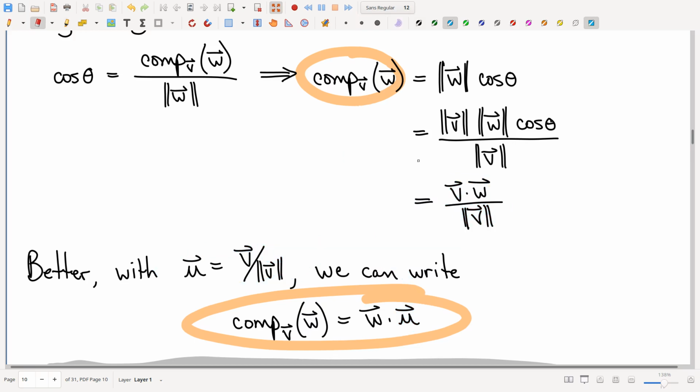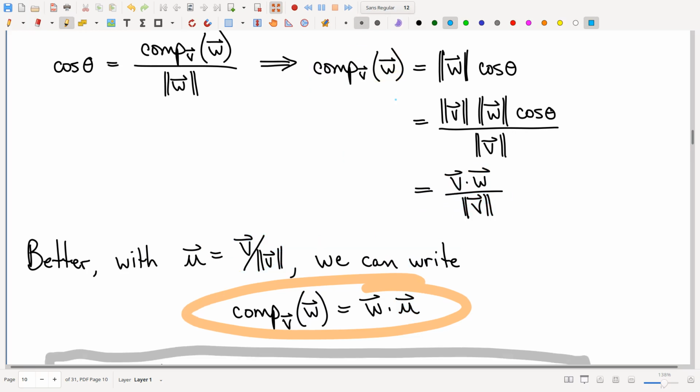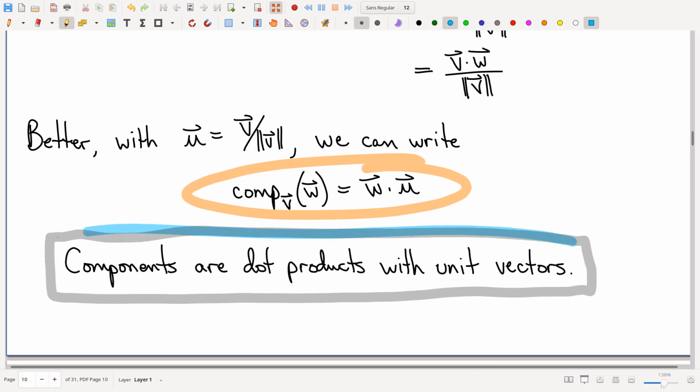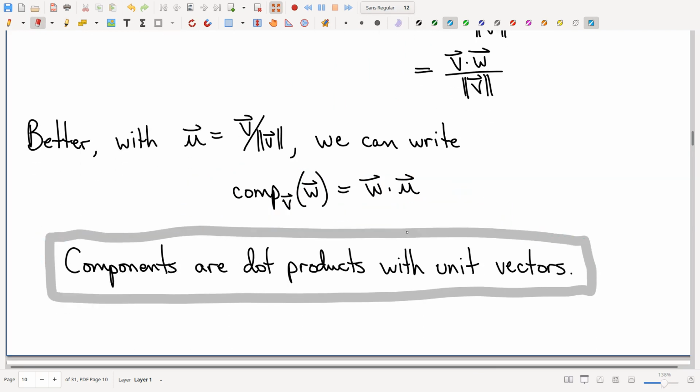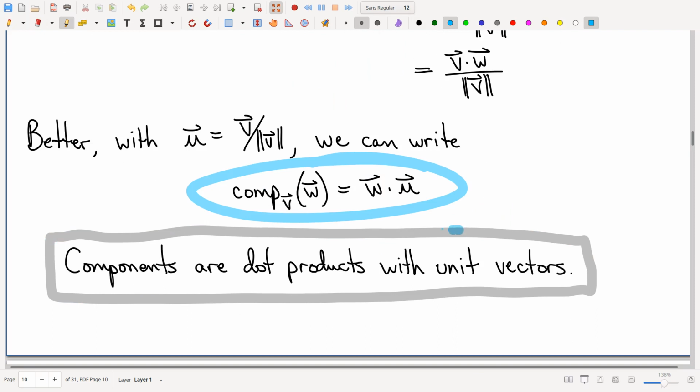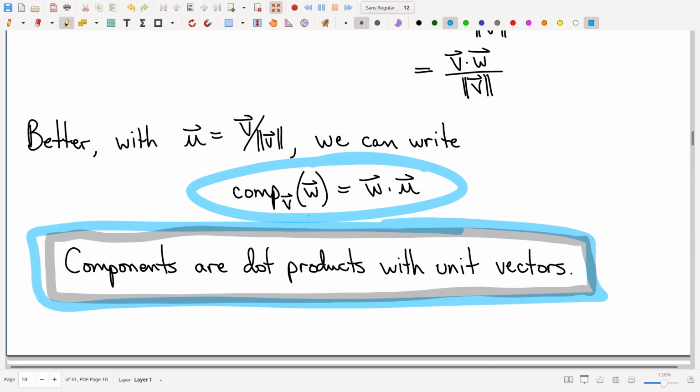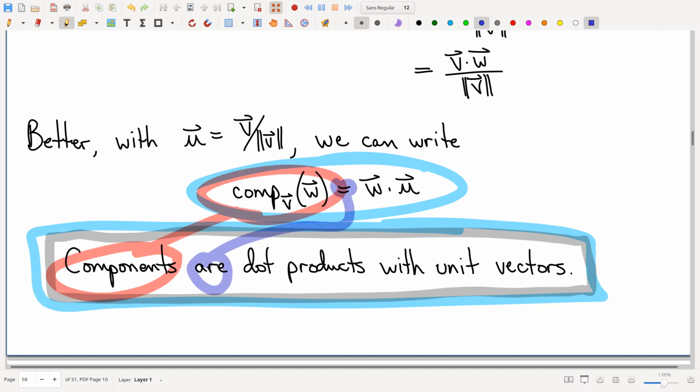I have this summarized in a pithy little statement down here. Anyway, this equation and this little pithy phrase: components are dot products with unit vectors.